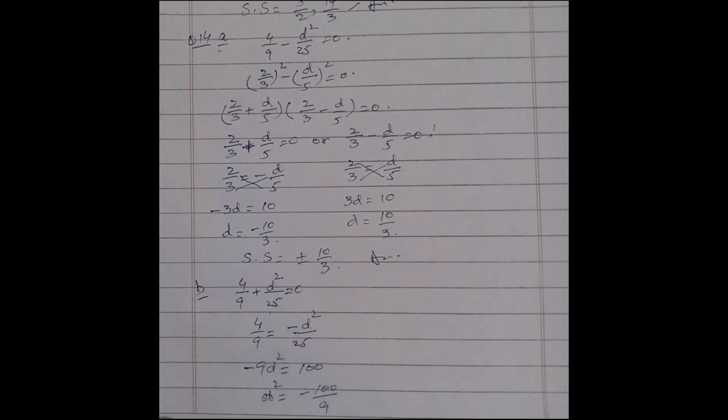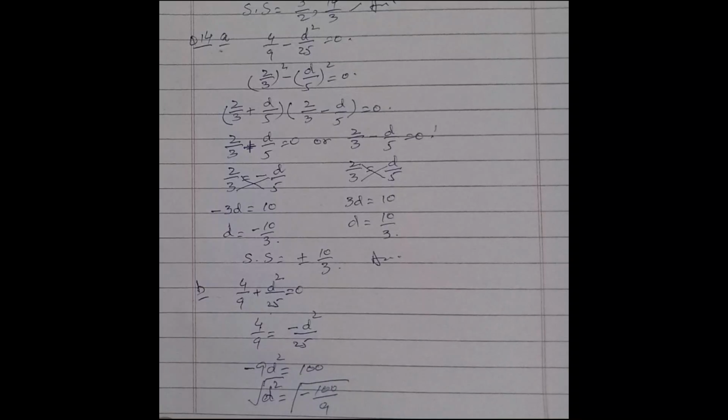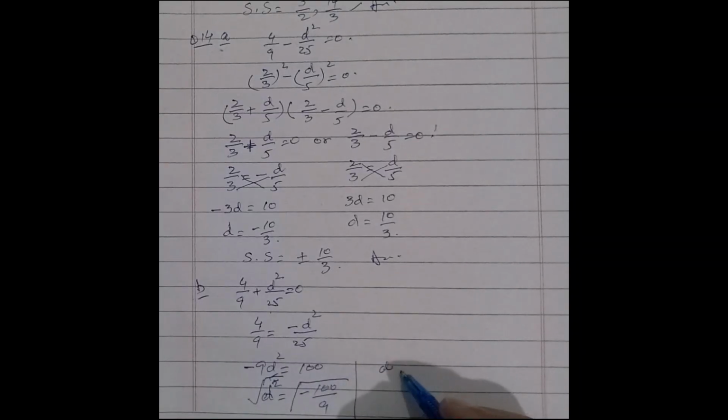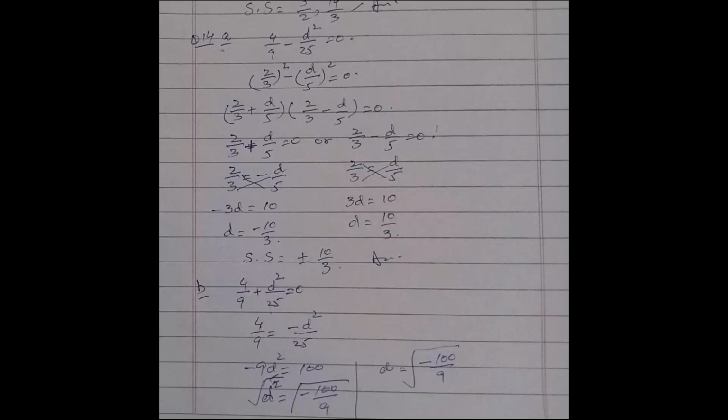d square is minus 100 over 9. We take the square root on both sides. Square and square root cancel each other. We have d is equal to the square root of minus 100 over 9. First, we have no method to solve the square root of a minus, but we try to solve it.